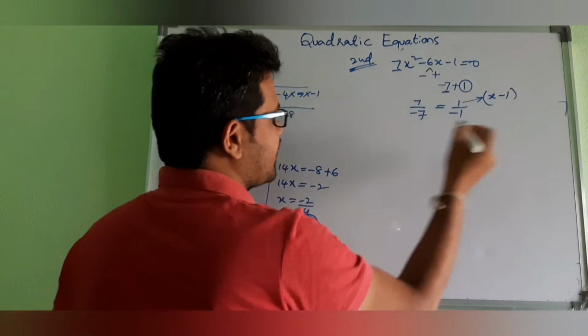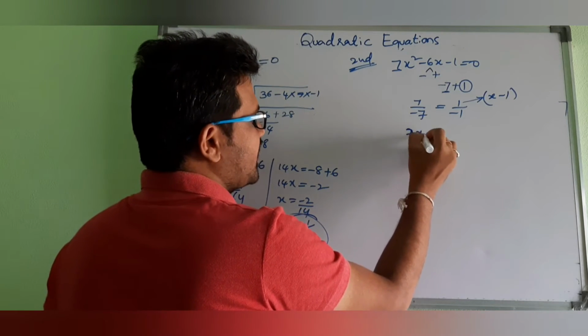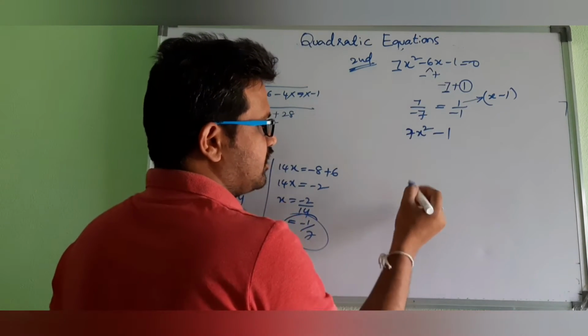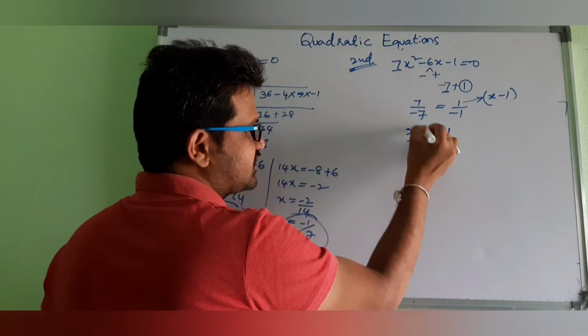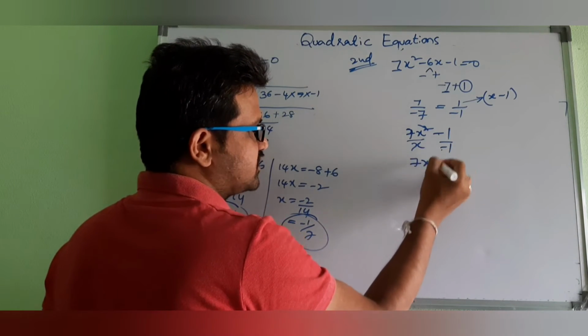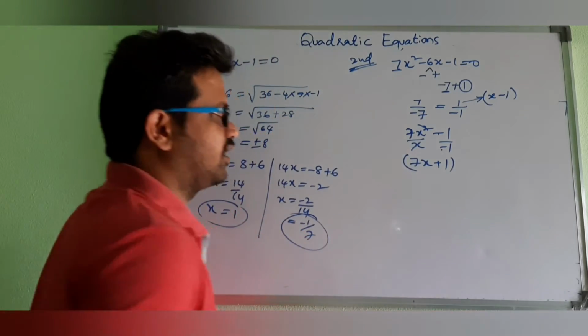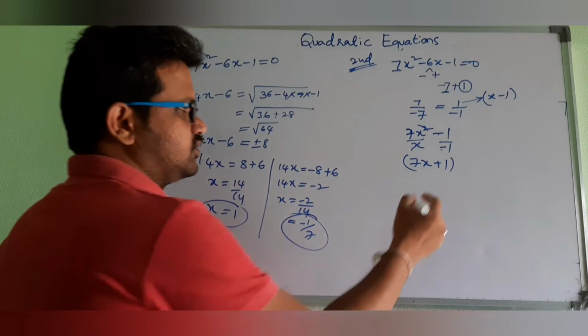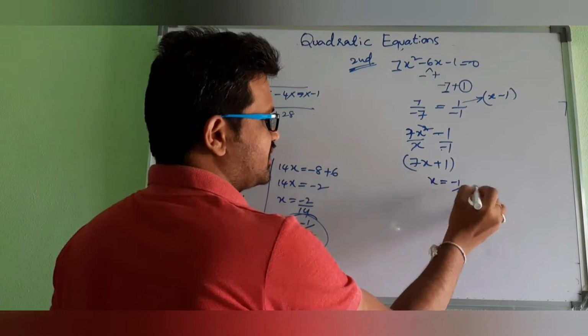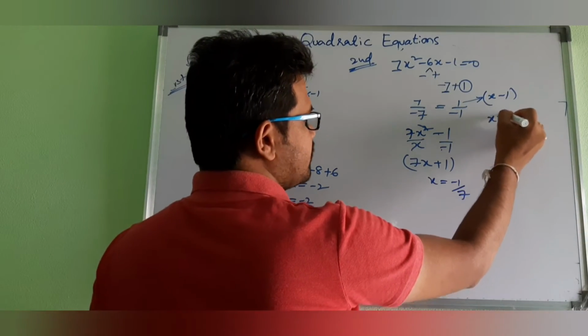How to find the second factor? 7x square and minus 1, divided by x and minus 1. The x cancels, and 7x, minus minus, plus 1. This is the second one. It's very easy, right? 7x plus 1, so x is equal to minus 1 by 7, and the other is x equal to 1.